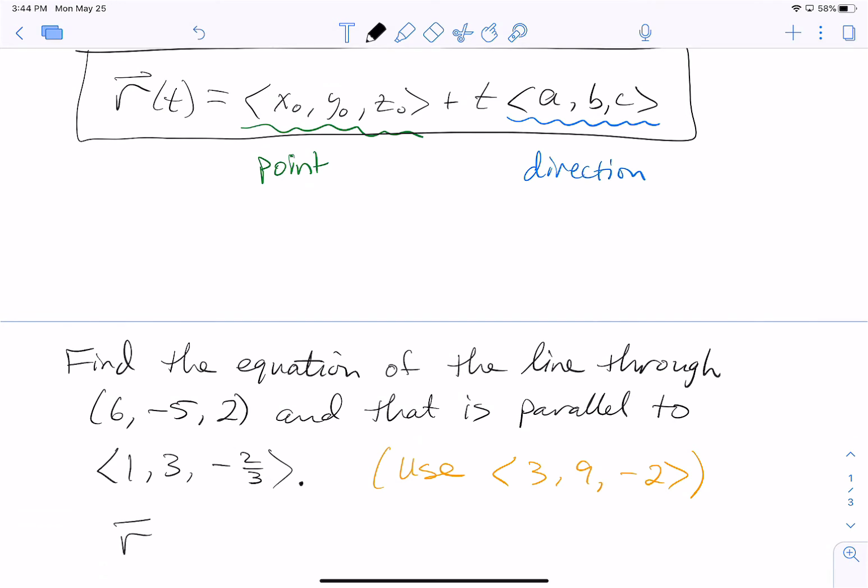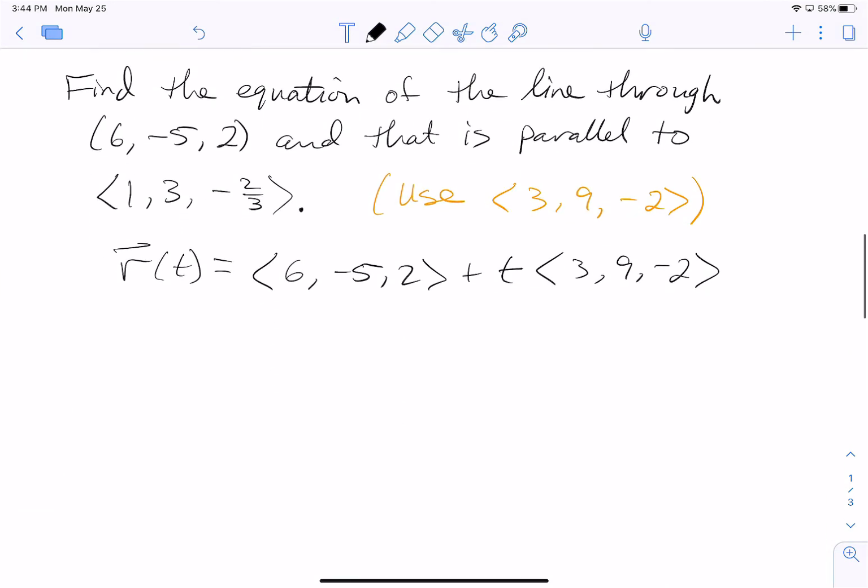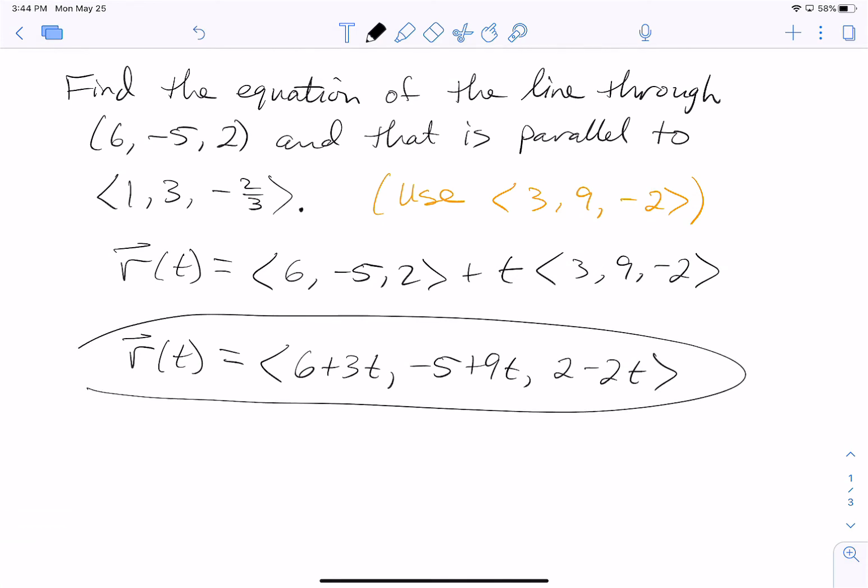Anyway, referring to our vector equation of a line, we have that r(t) is equal to the vector (6, -5, 2), that's where we put the point, plus t times the vector (3, 9, -2). Multiplying by t and then adding together our components, component by component, gives us (6 + 3t, -5 + 9t, 2 - 2t) as our vector equation for our line.